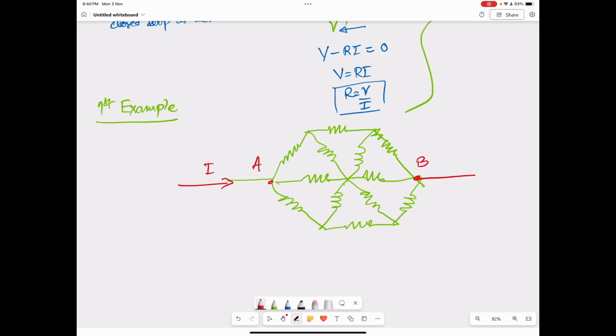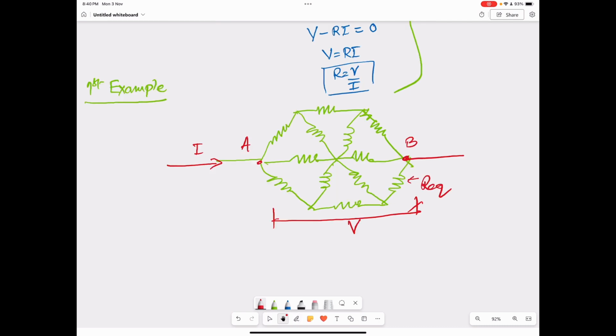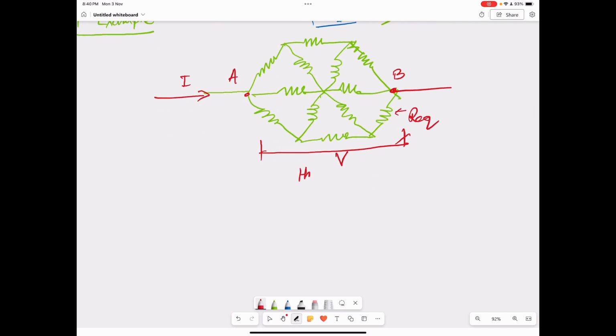Current I is flowing through it. There is a voltage V across it. And if Req is the equivalent resistance of the entire combination, then V is nothing but Req into I.